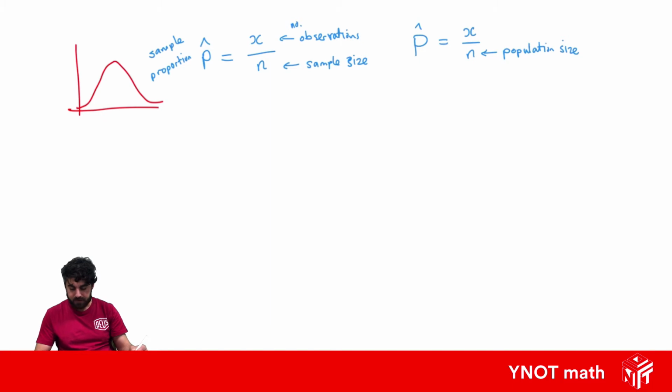And the sample proportion can be a reasonable estimate to the population proportion if it meets some certain conditions.